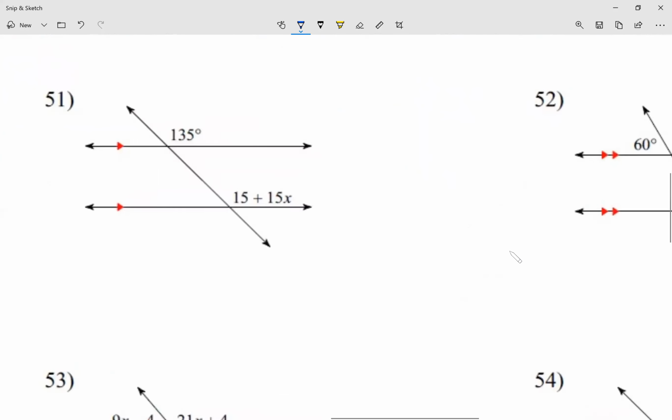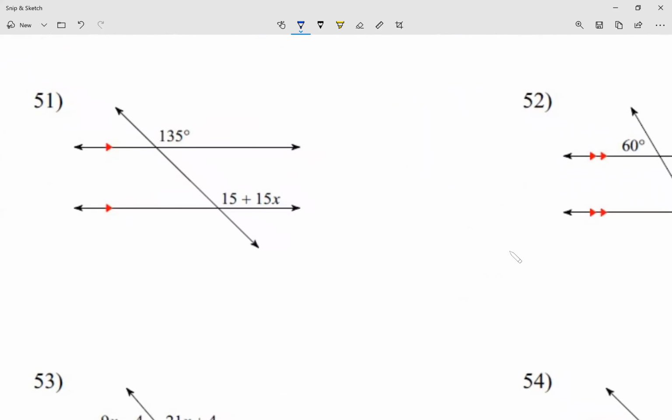Taking a look at number 51, this is what we call corresponding. Remember, we talked about that a few days ago, corresponding. Corresponding angles are congruent. So I have that 135 is equal to 15 plus 15x. Let me separate at the equal sign. This 15, let me move it over as a -15.